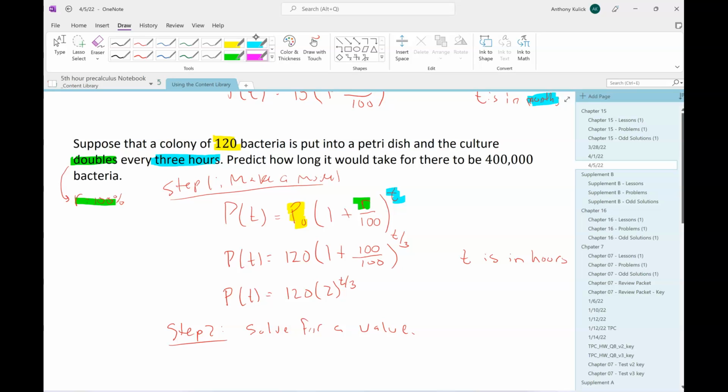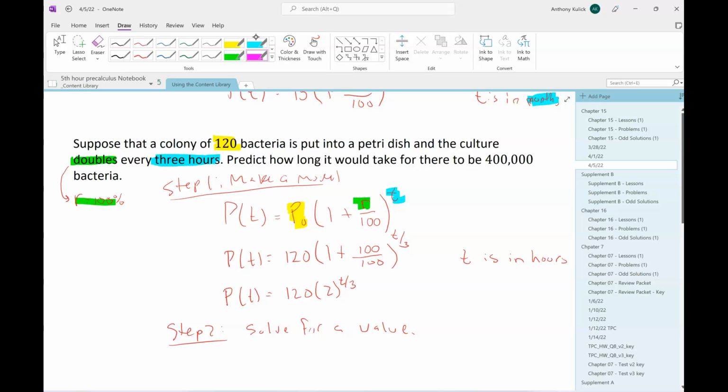T or P of T? Because those are the two variables we have, right? The question says, how long? So we're solving for T, which is just time. P of T is the population at a certain time. So we're solving for T.